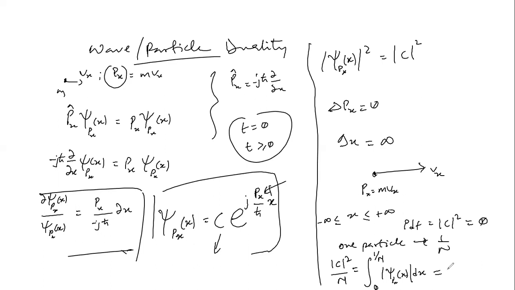This is going to give us 1 because that is the probability that we'll find one particle, by estimating the total probability. And then it means that 1 is the same as mod c squared over n. So in this case, you will observe that c is the same as the square root of n, because 1 is the same as c squared over n. So mod c squared is equal to n. So c is the same as the square root of n.